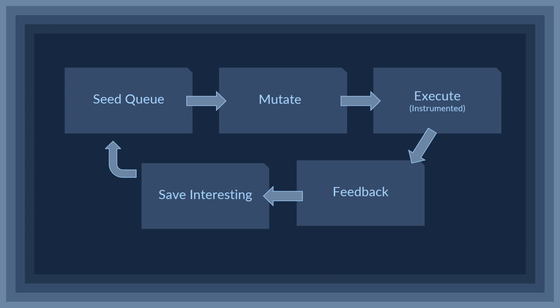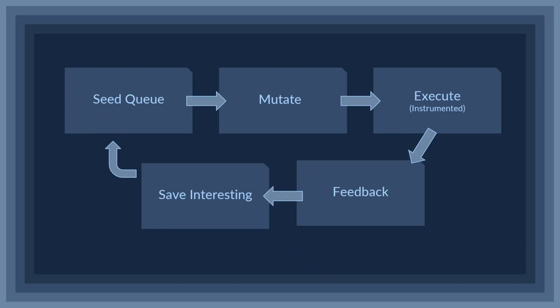This process produces some sort of feedback, which is usually an expansion of code coverage, like new edges discovered in a graph or new outputs discovered, or it can actually produce a crash, which is even better.